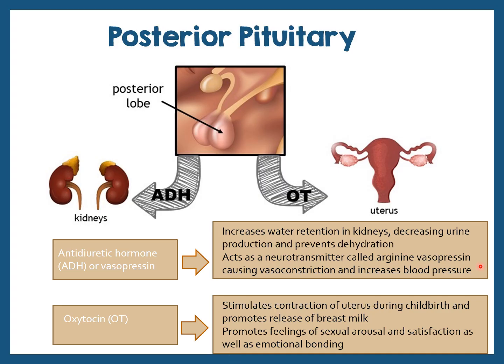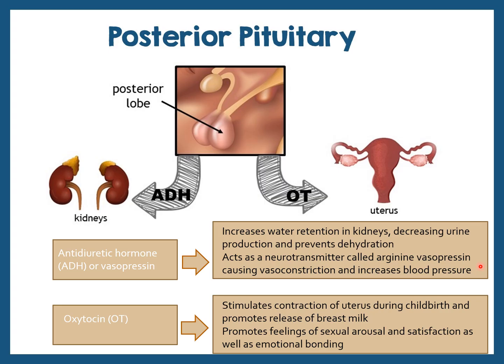Oxytocin stimulates uterine contractions and promotes milk production or release of breast milk. But oxytocin is also released in a surge during sexual arousal and orgasm. It promotes feelings of sexual satisfaction and emotional bonding between partners.